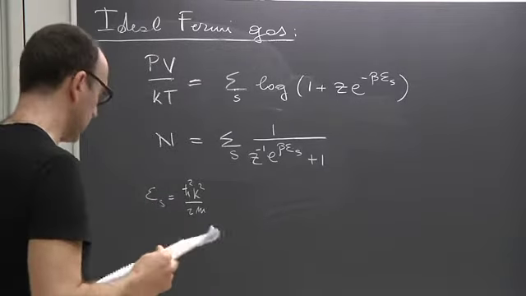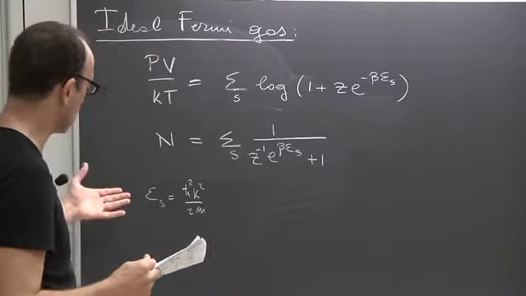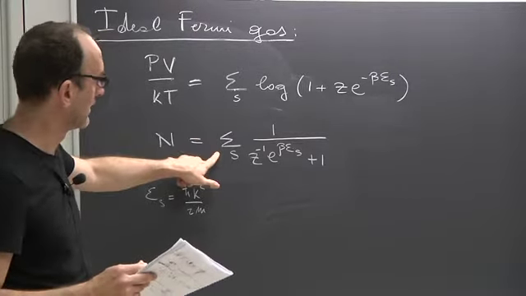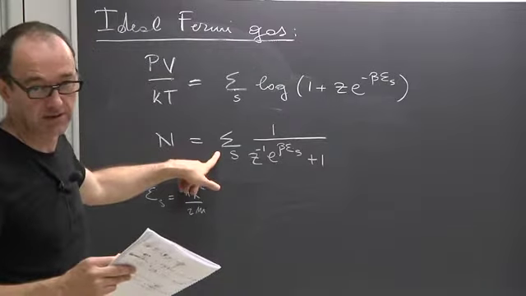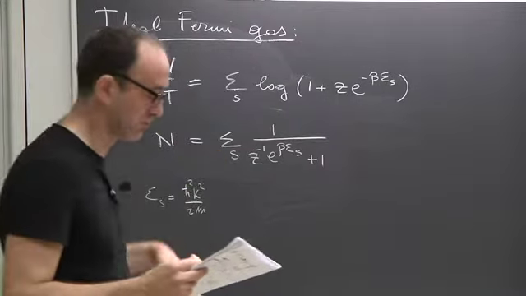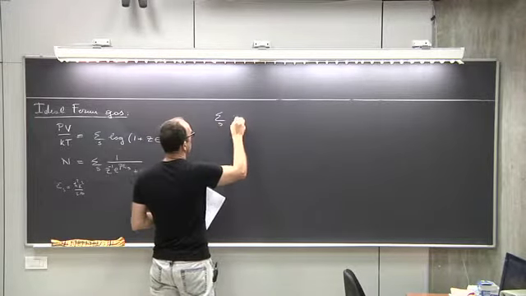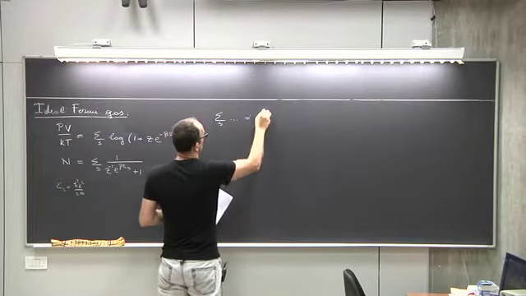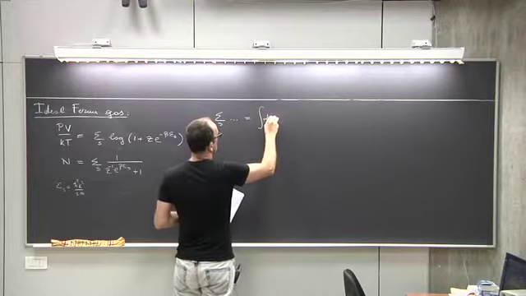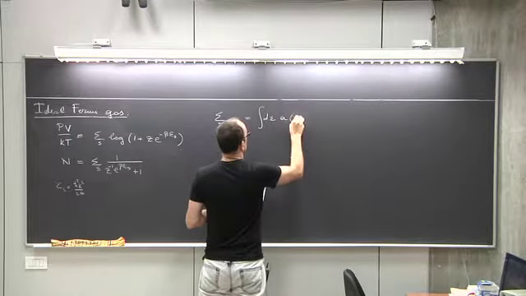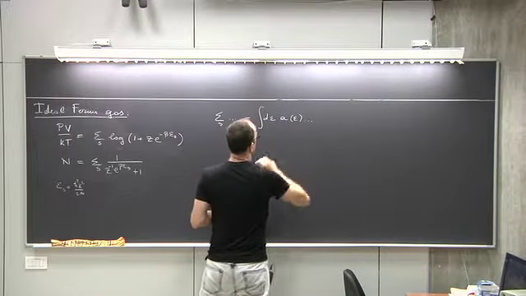And so we can turn this sum over the states into integrals over the energies, okay, in the usual manner. So the integral over the states will be an integral over the energies with a density of states, okay?